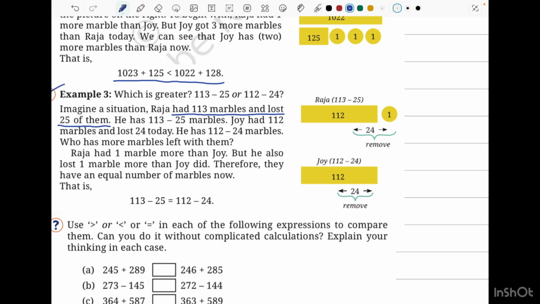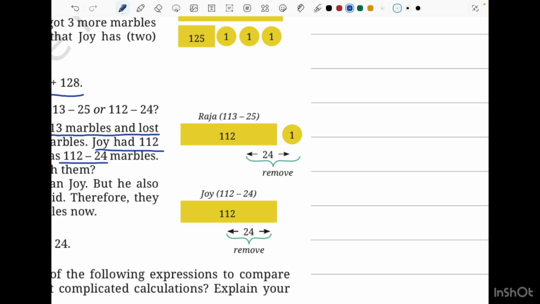So the expressions are 113 minus 25 and 112 minus 24. So first we take the expression Joy has, 112 minus 24 marbles. Here 113 is 112 plus 1 and here 25 is 24 plus 1.